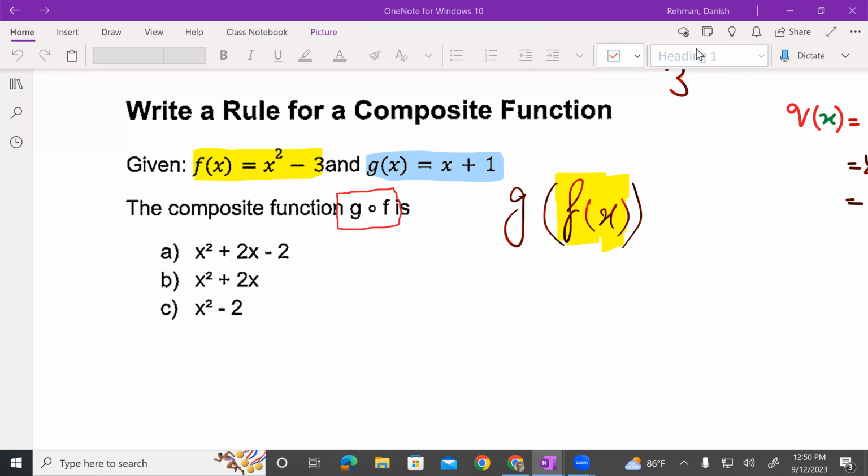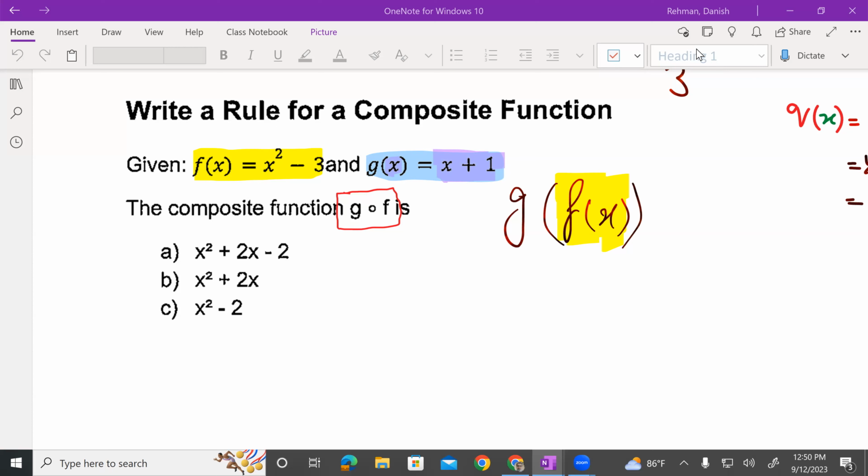I will try to connect it. Look at this. I'm trying to highlight that purple x over there. Do you see the purple highlighted x inside the parentheses of g? That tells me whatever will be the input for the domain of g, the g will add a 1 to that.